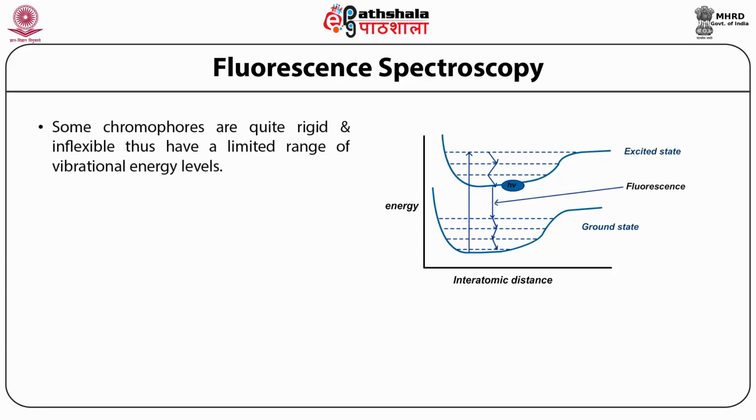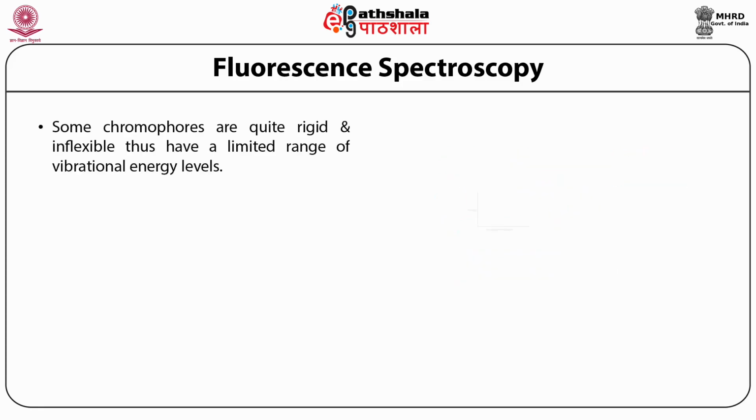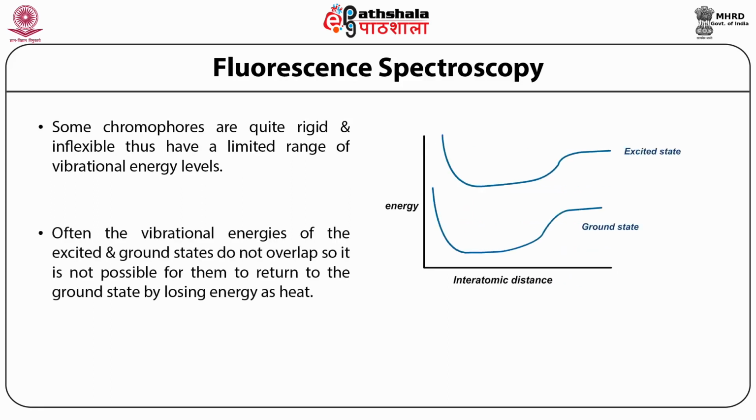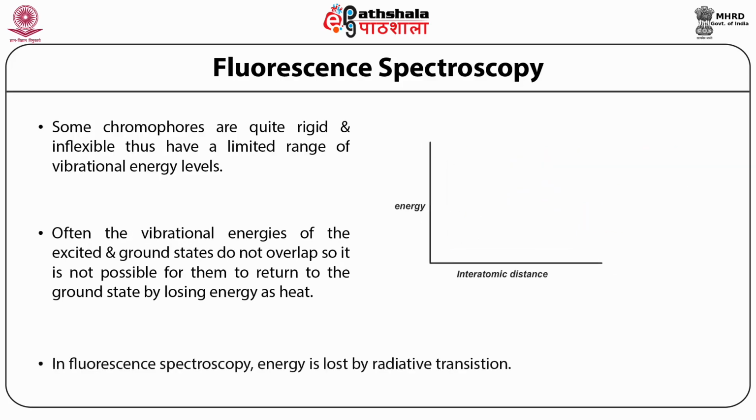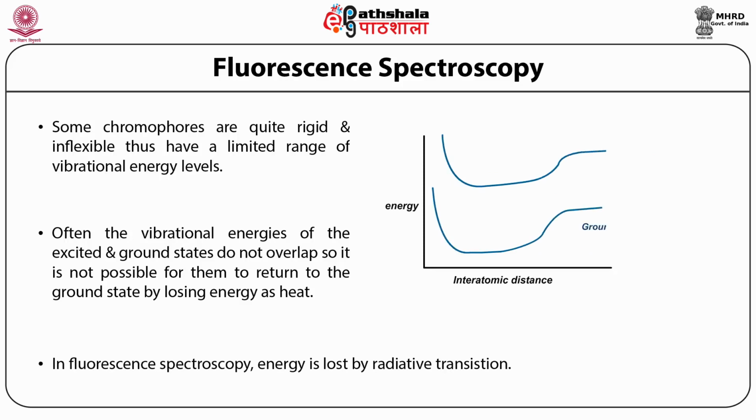Some chromophores are quite rigid and thus have a limited range of vibrational levels, and often the vibrational energy of the excited and ground states do not overlap, so it is not possible for them to return to the ground state by losing their energy as heat. In fluorescence spectroscopy, the energy is lost by a radiative transition.